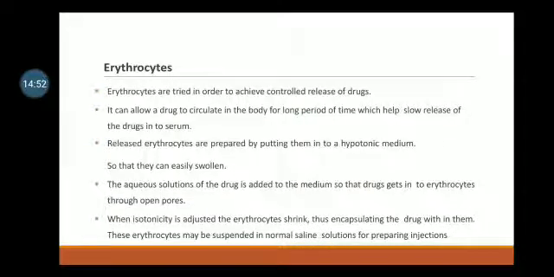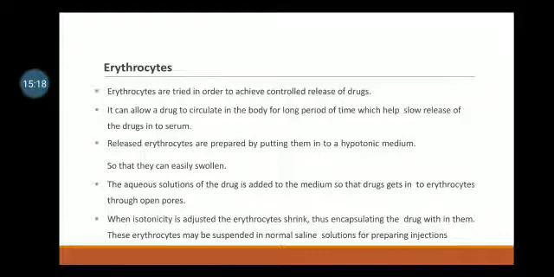Then erythrocytes. Erythrocytes are tried in order to achieve controlled release of drugs. It can allow a drug to circulate in the body for a long period of time, which helps slow release of the drugs into serum. Resealed erythrocytes are prepared by putting them into a hypotonic medium so that they easily swell.